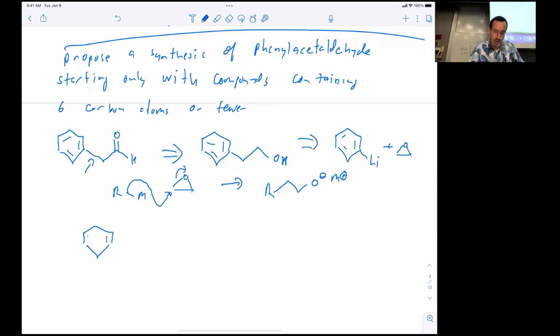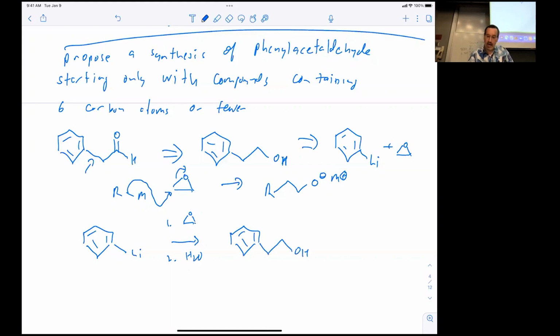If I now go in the forward direction and actually answer the question asked, if I take phenyl lithium, or for that matter, phenyl magnesium bromide or phenyl magnesium iodide, and I treat it with ethylene oxide followed by an aqueous workup, I get the corresponding alcohol after the aqueous workup.